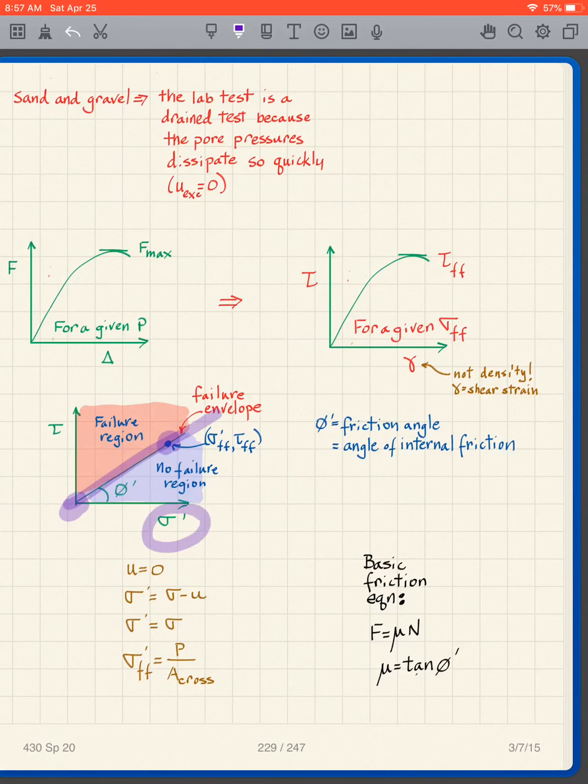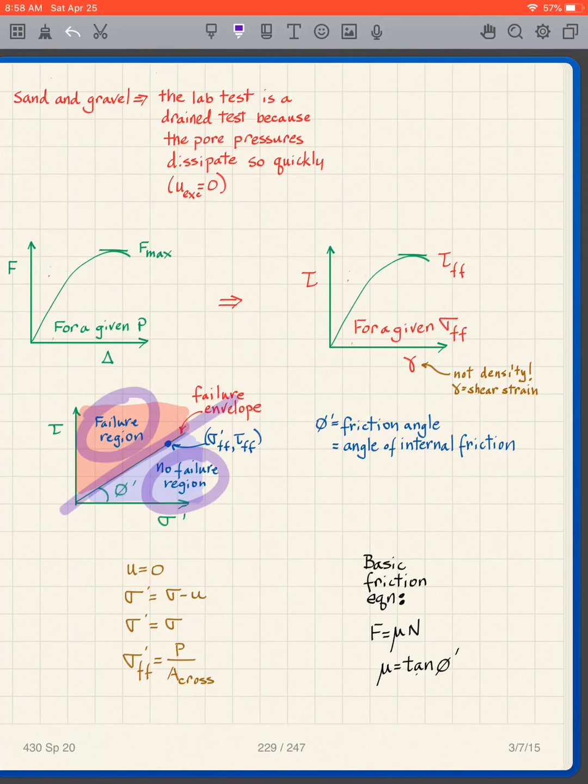So notice the axes here, sigma prime and tau, and I create that failure envelope, and what do we find? We find that any stress below that is our no failure region. Any stress above that would be our failure region.